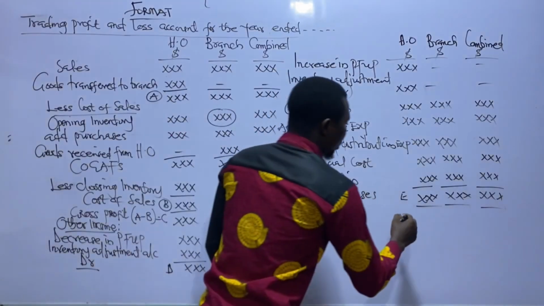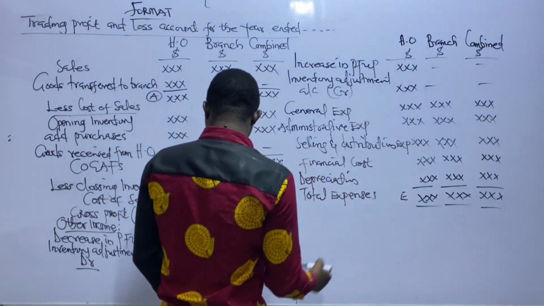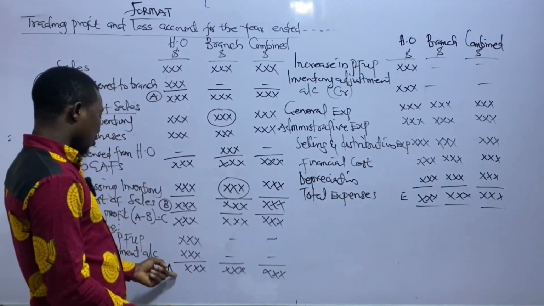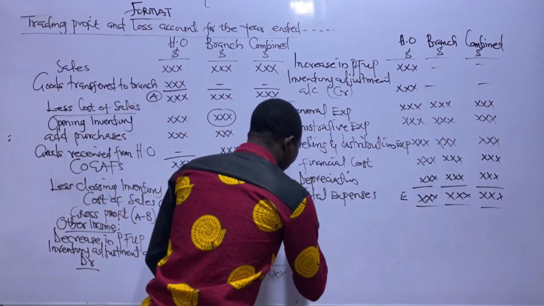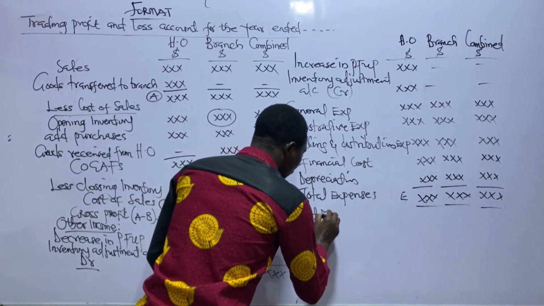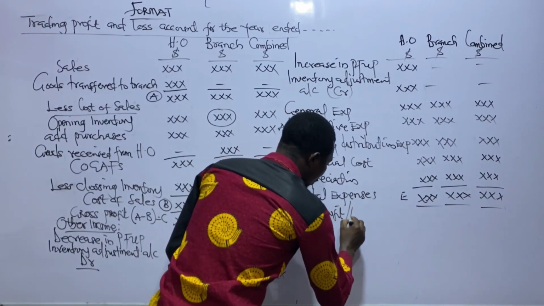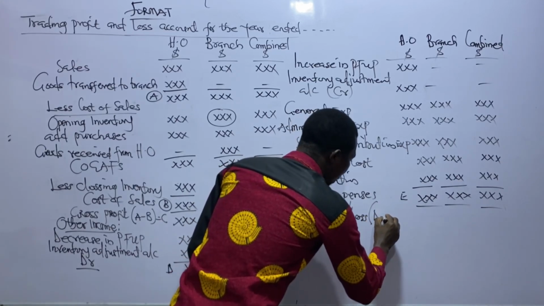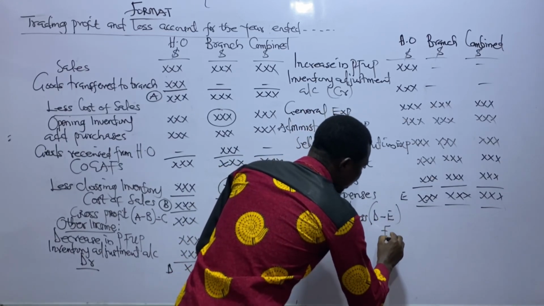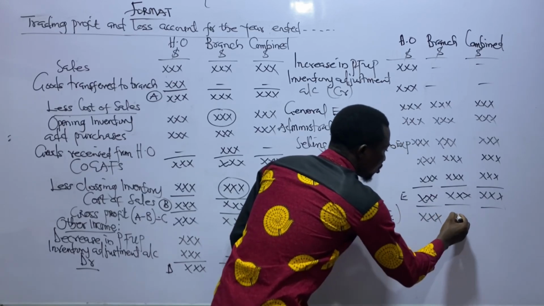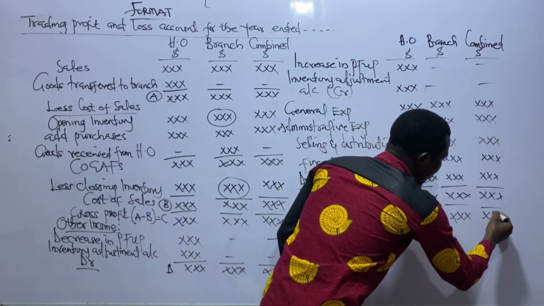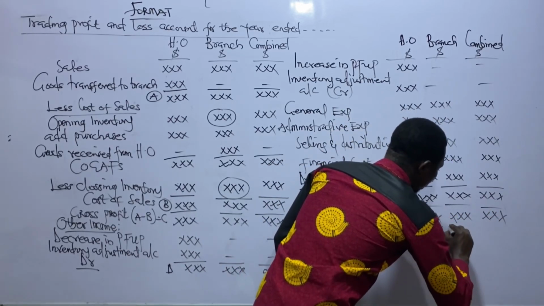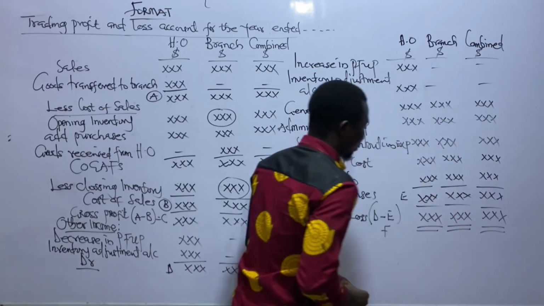Now, the total expense as E will be subtracted from total gross profit of D. So that will give us either a net profit or loss. So this will be D minus E, and I'll call it F. So this will represent the net profit or loss. Double underline means we are done.